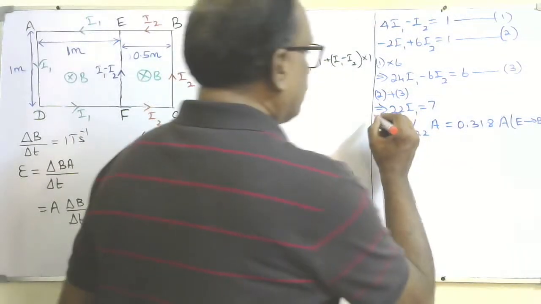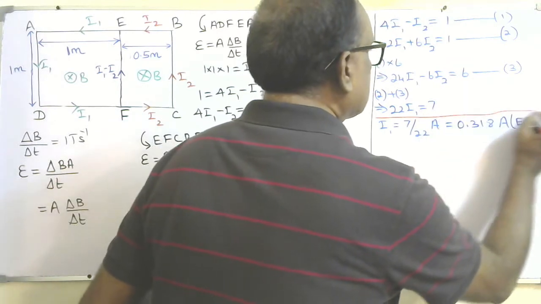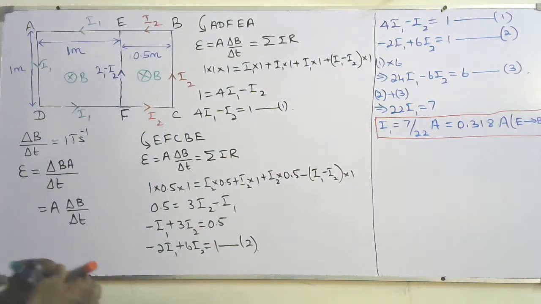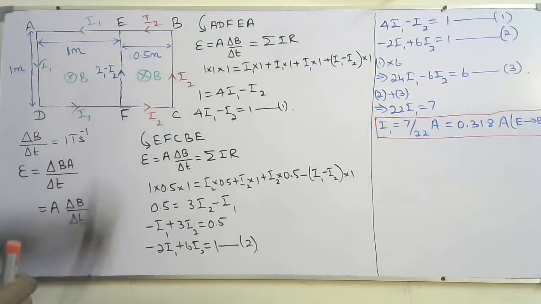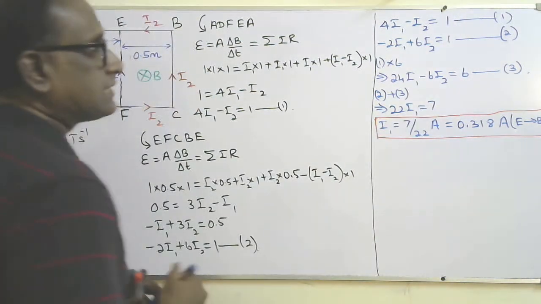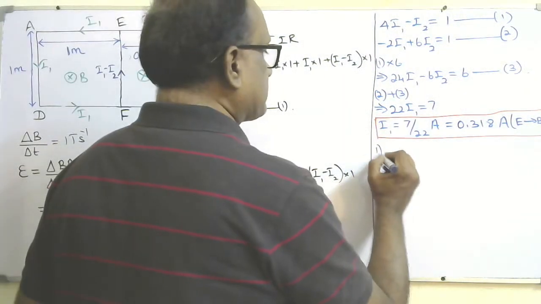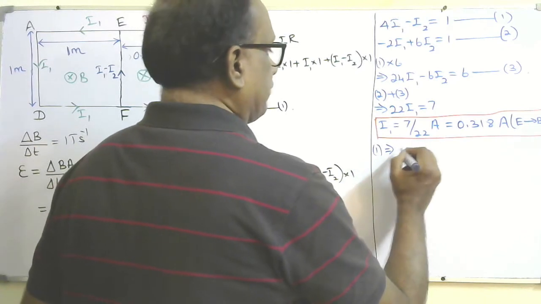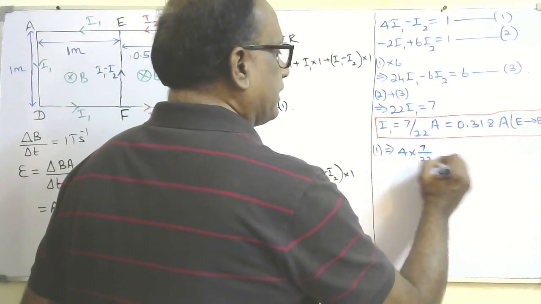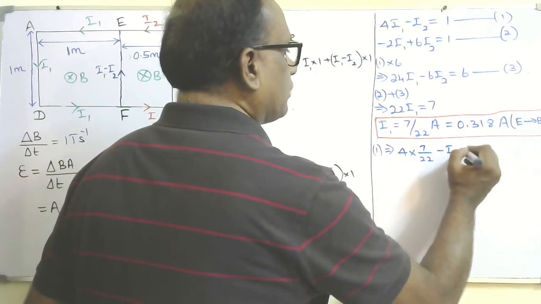Okay, so the first one I found. Then I need to find the current on EB or BE, that is I2. So I can substitute the value of I1 in one of those equations. I'll substitute in equation 1. If I substitute, I'll get 4 times 7 over 22 minus I2 equal 1.